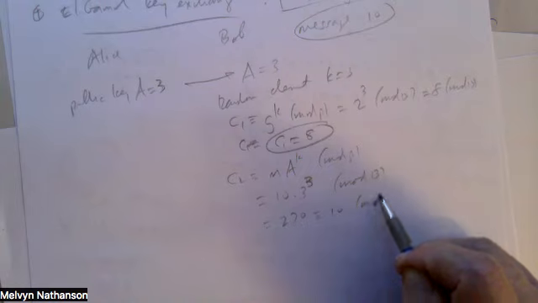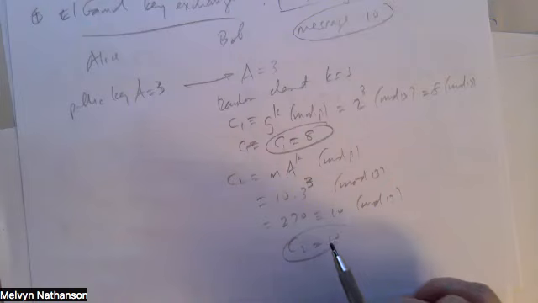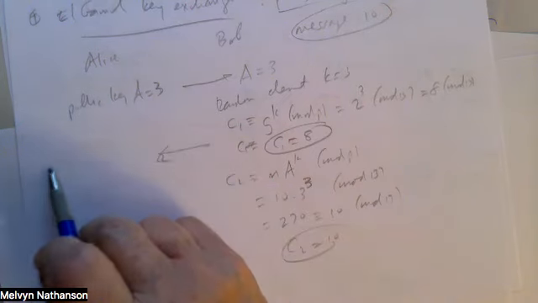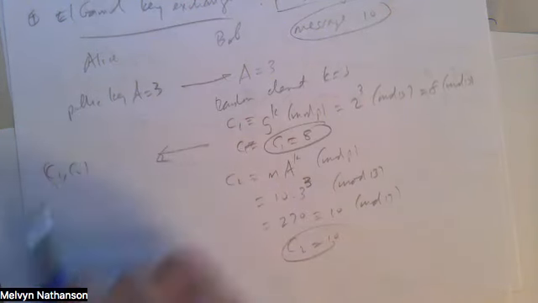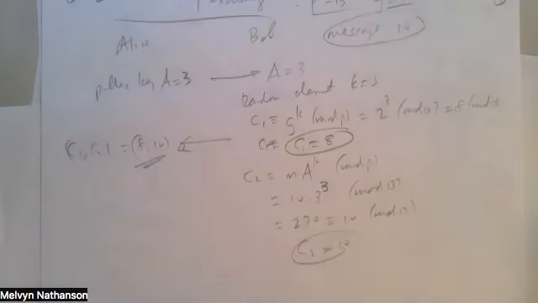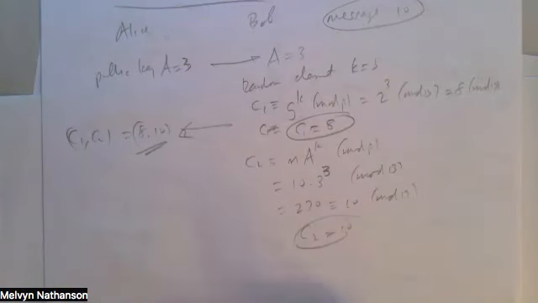So this is 10 mod 13. So C2 is equal to 10. So the pair of numbers that Bob sends to Alice, C1, C2, is 8, 10. Okay, that's all we had to do in problem 4.